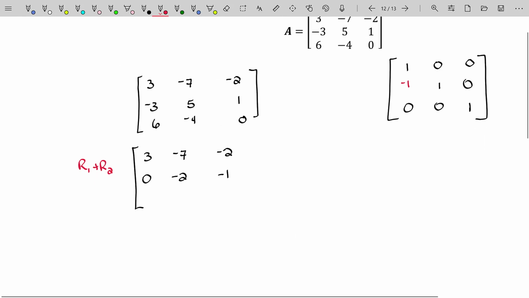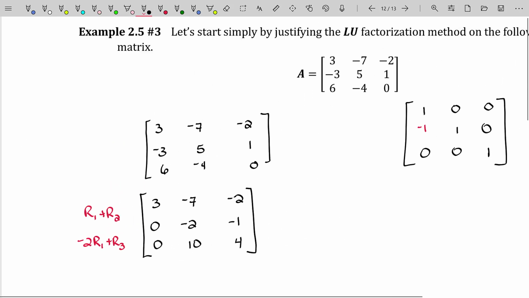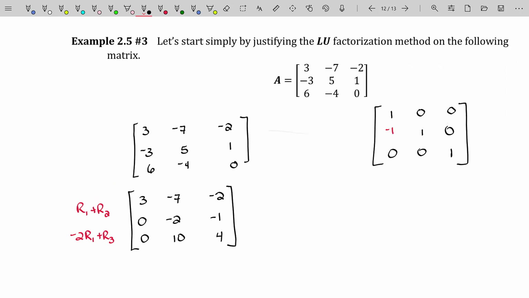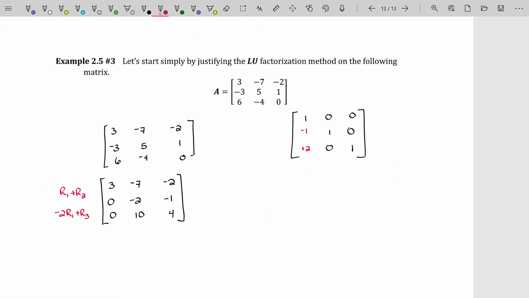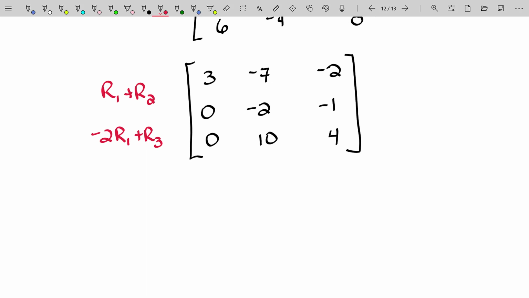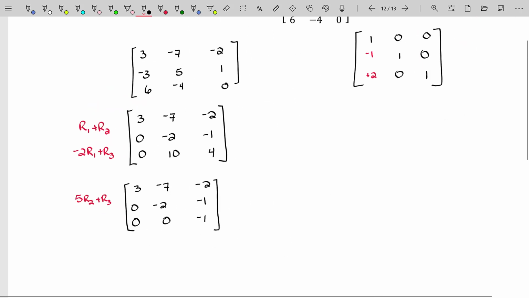Now let's go ahead and take negative twice row 1 and add it to row 3. Now what's the opposite of negative twice row 1 adding to row 3? Positive twice row 1 adding to row 3. Finally, 5 times row 2 added to row 3. What's the opposite of 5 times row 2 added to row 3?